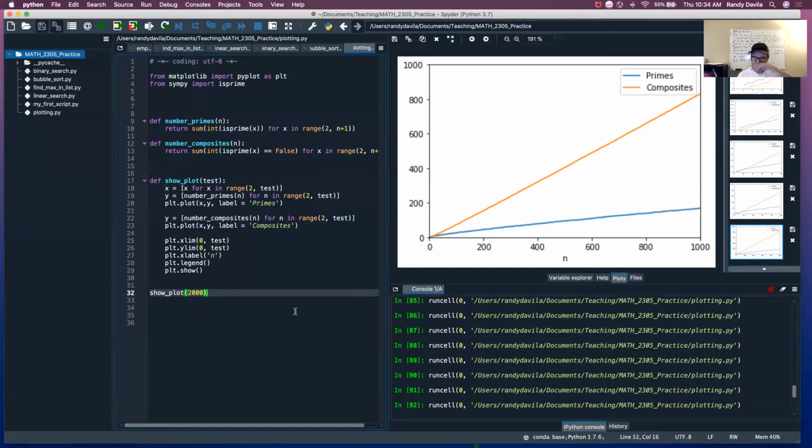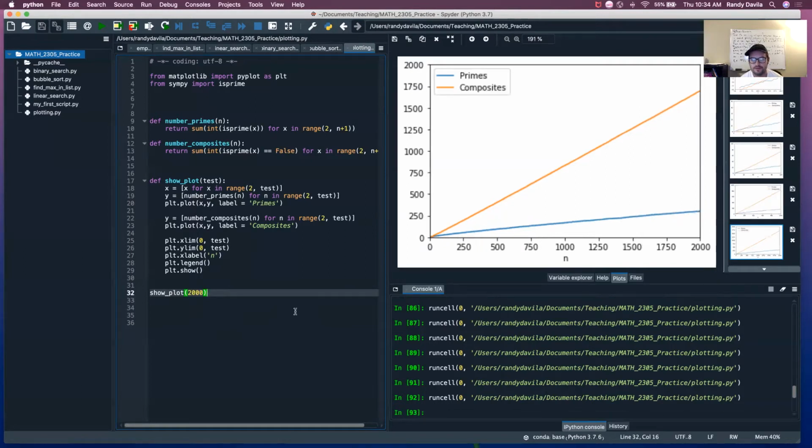It'll take a second to run. Okay, it just ran. And it looks like the number of primes less than 2,000 is not even at 250, but the number of composites is way up here, closer to 2,000.